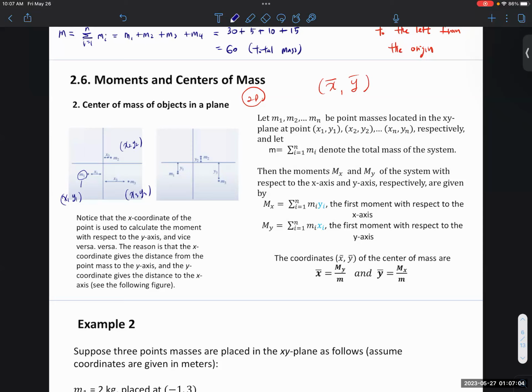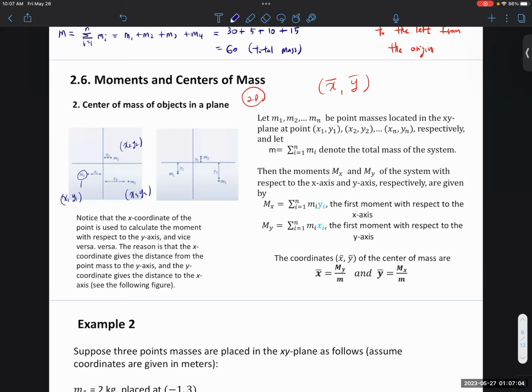It's the same thing. To find the balancing point, x bar, y bar, you need the total moments divided by total mass. But this time, you find the total moment and total mass with respect to x and y separately.